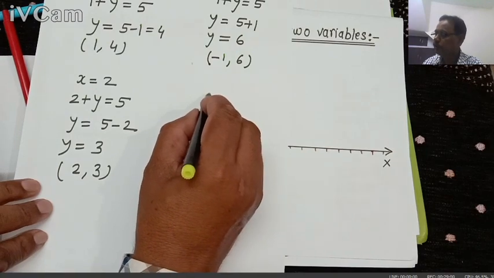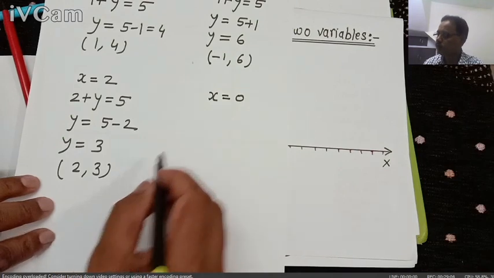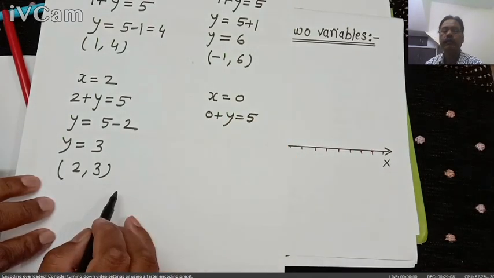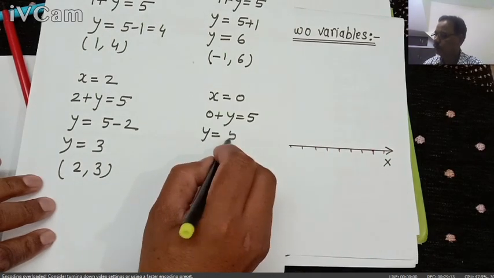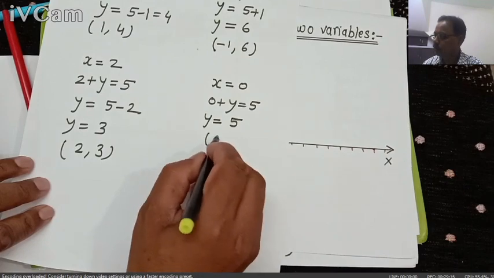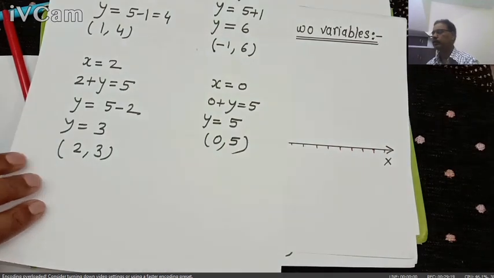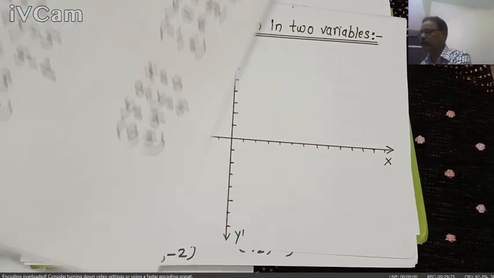So let us put x equal to 0. So 0 plus y equal to 5. Therefore y will be equal to 5. So the solution is (0, 5). So in this way we shall write all the solutions.